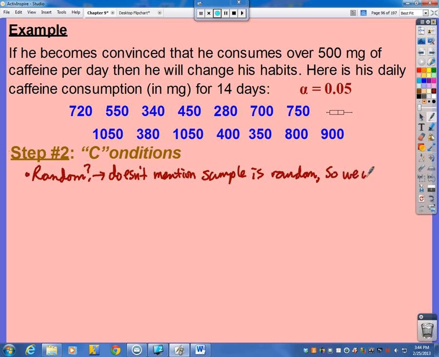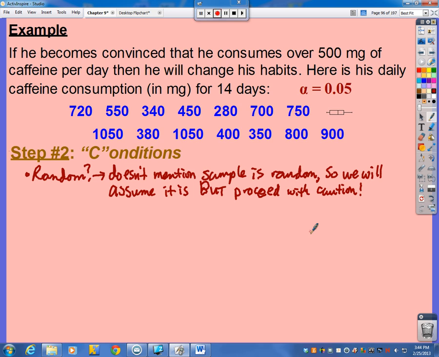So we will assume it is, but proceed with caution. Now, I told you we would not do the problem if, for instance, the data was collected by a sampling technique that involved a high amount of bias.